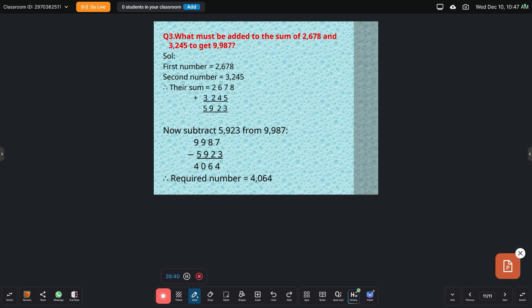Now here we have question number 3. So question number 3 is what must be added to the sum? किनके sum का? 2678 and 3245. That means what we have to do?